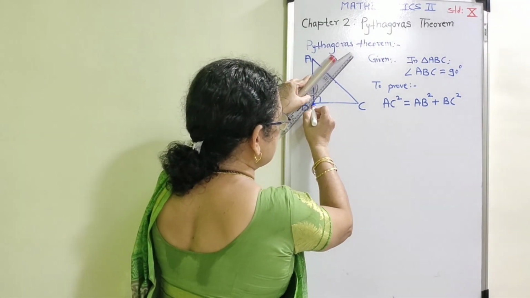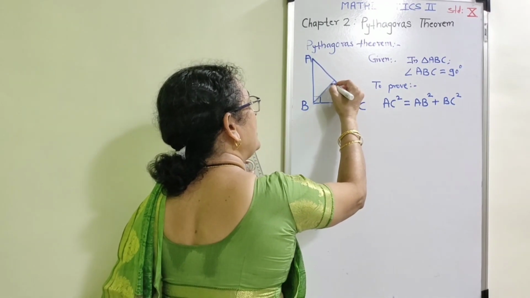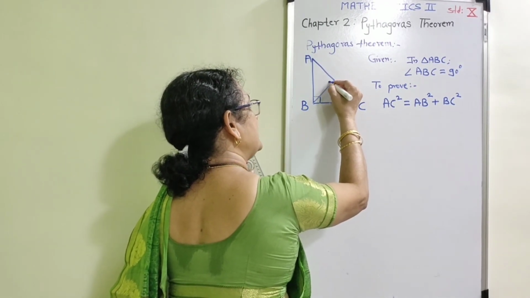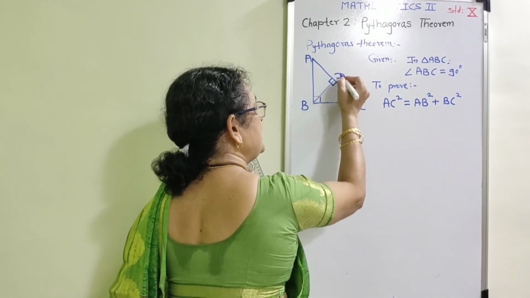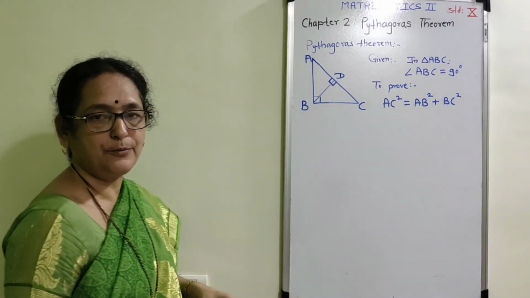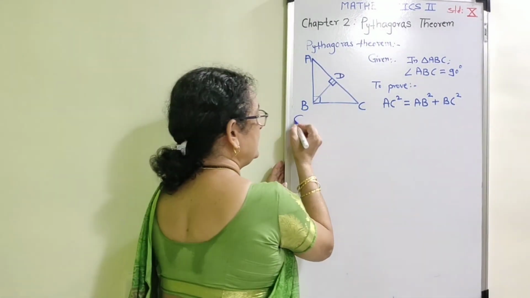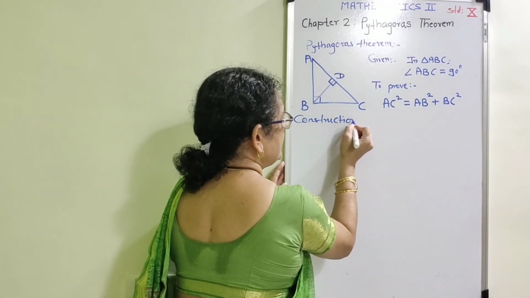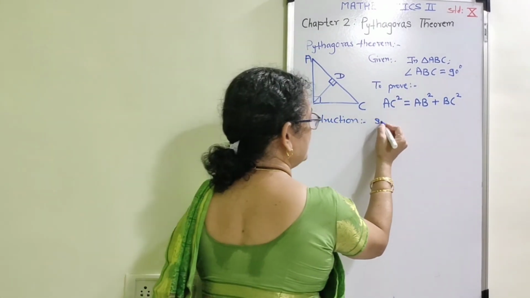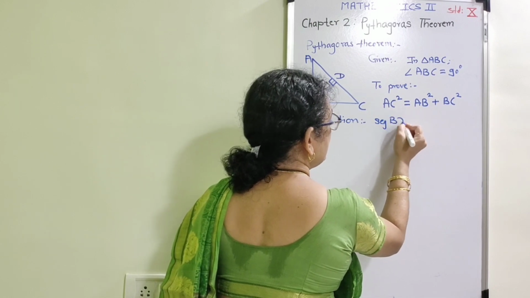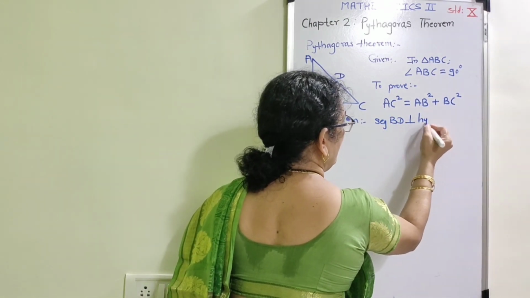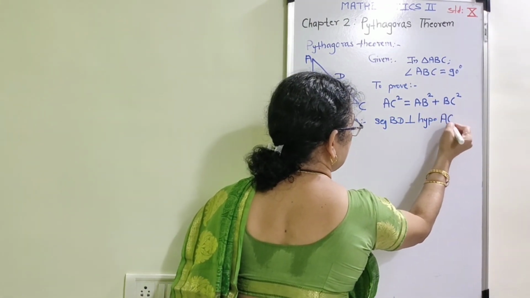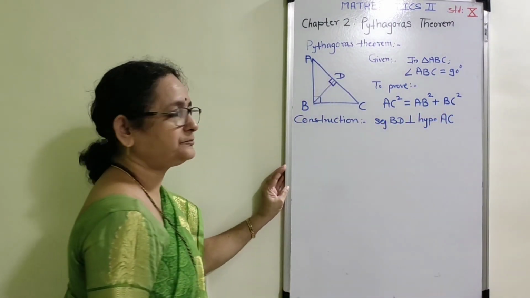I want to do one construction: draw a perpendicular on hypotenuse AC. Suppose BD is the perpendicular on hypotenuse AC. Now the next step is construction. In this construction we have taken segment BD perpendicular on hypotenuse AC, or side AC.